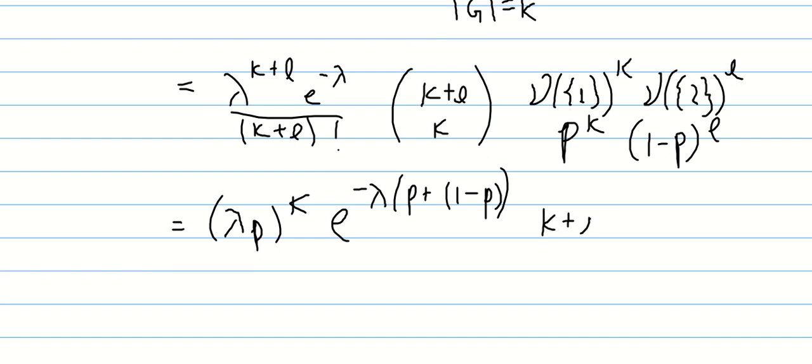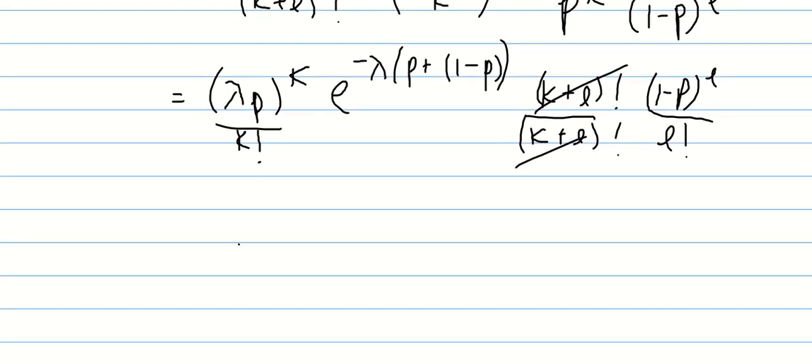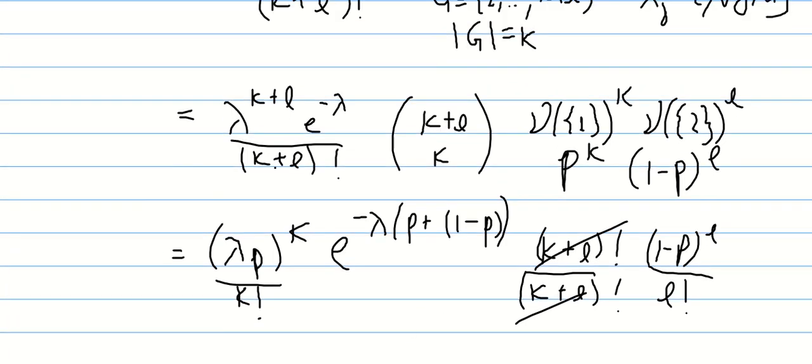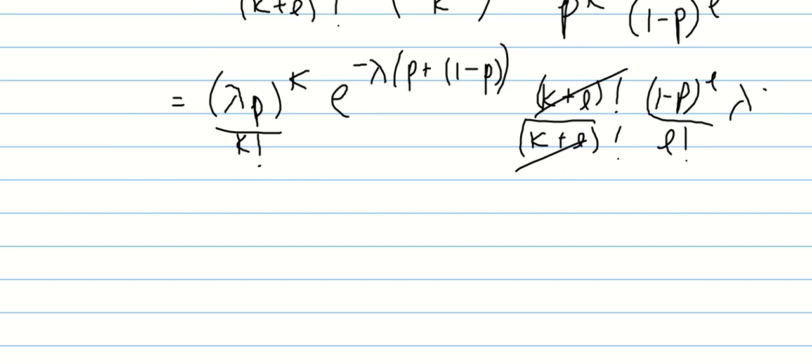It's k plus L factorial over k factorial, that I'm going to write here, and L factorial, that I'm going to write here. And we still have 1 minus p to the L, and we still have the k plus L factorial in the denominator. These terms clearly cancel. Here I'm forgetting something. Oh, there's still a lambda to the L here that I forgot.